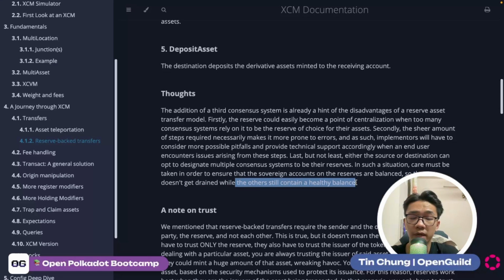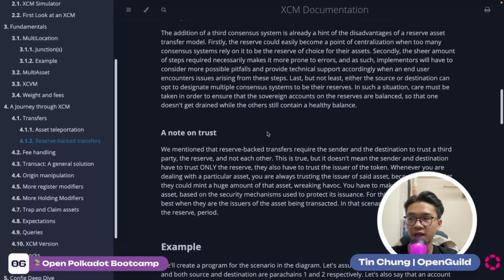When you want to send an asset across multiple consensus systems, and each consensus system wants to designate a specific reserve blockchain, you have to open a reserve account, which we call the sovereign account, on that specific reserve chain. That way you have multiple accounts on multiple reserve chains, and there is an overhead in responsibility for whoever manages all these accounts for reserve-backed transfers.